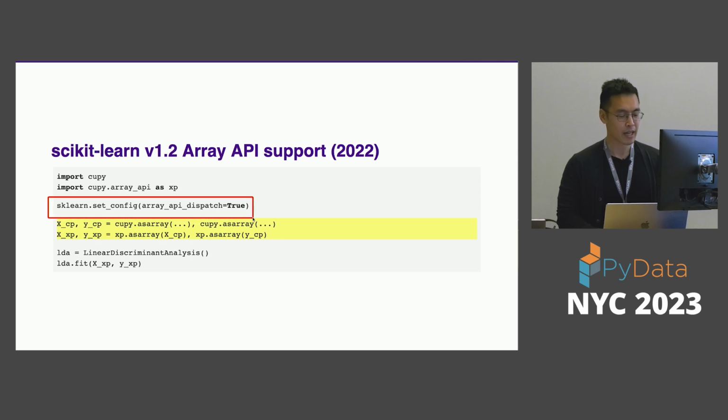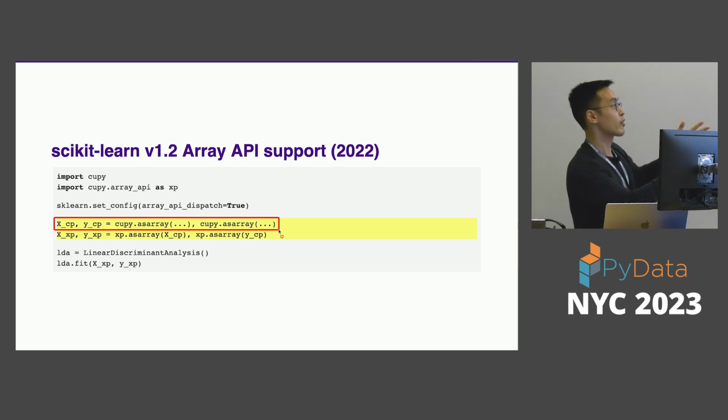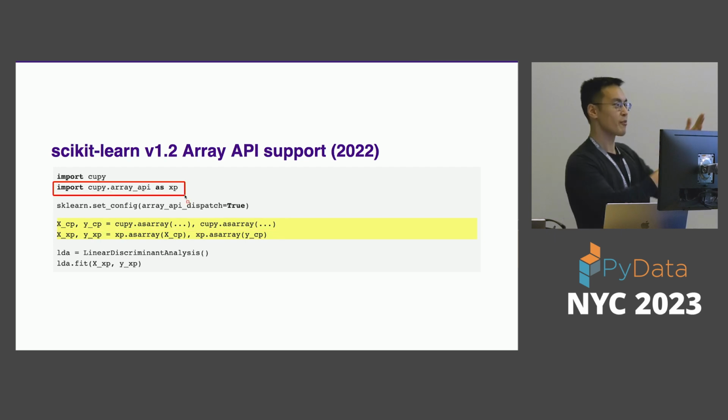It's still the same API. You have some way to enable it, in this case a global dispatch with a global configuration. Users usually have their CuPy arrays, a standard ndarray for CuPy. But then they also had to transform the object to the conformant array.